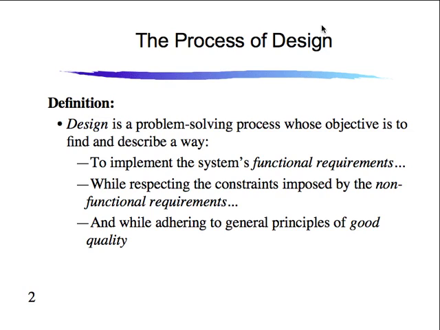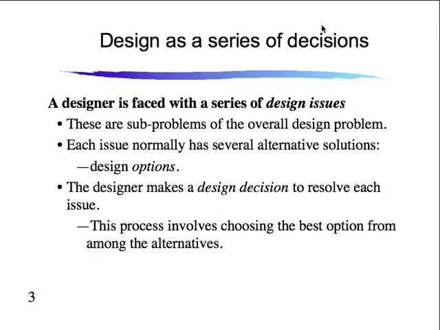So by definition, design is the problem-solving process. And you're describing a way to implement the system's functional requirements, because the non-functional should be fairly self-explanatory, and it's based on the functional requirements that you've come up with, while also respecting the constraints of the non-functional, adhering to general good quality principles, hopefully, and building quality into the design.